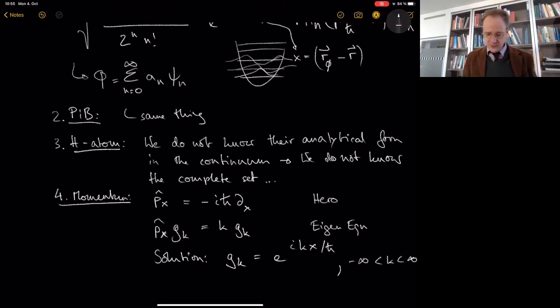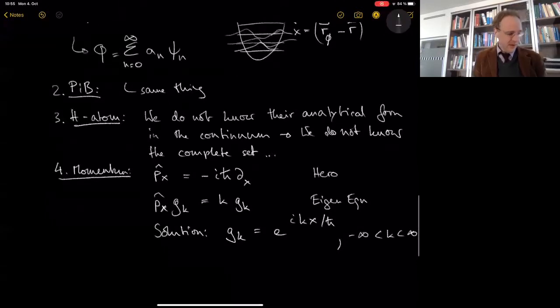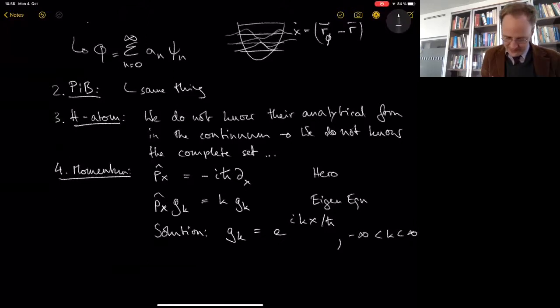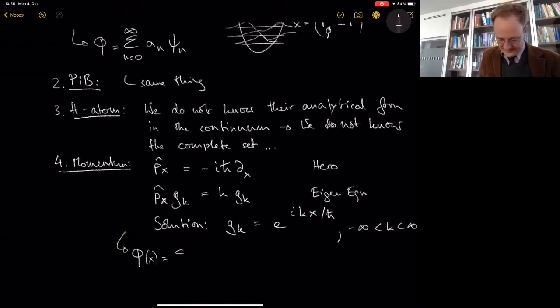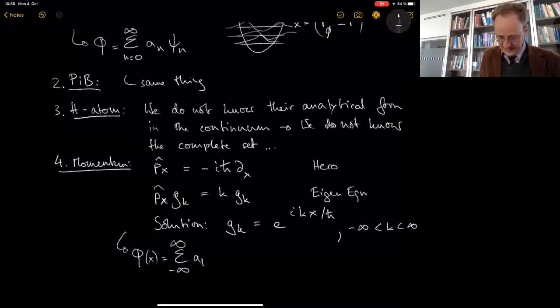So it's quite intuitive why this should be the solution. Now, what about theorem 3? So let's build this expansion. We have some psi of x. We write it as a sum from minus infinity to plus infinity of ak gk.